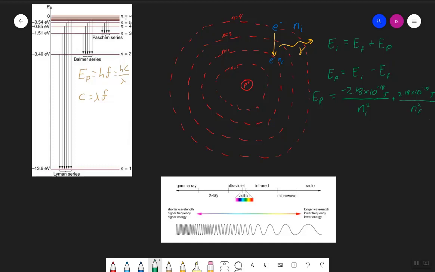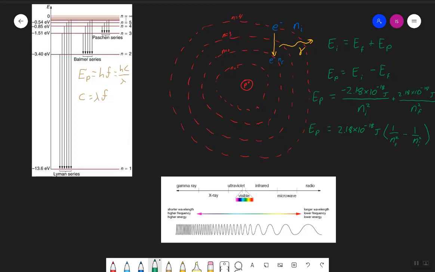And so now we can rearrange this. Let's write it as 2.18 times 10 to the negative 18th joules, the energy of the photon, times 1 over n final squared minus 1 over n initial squared.